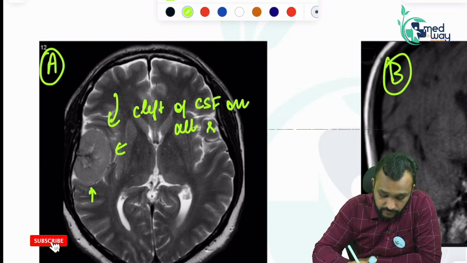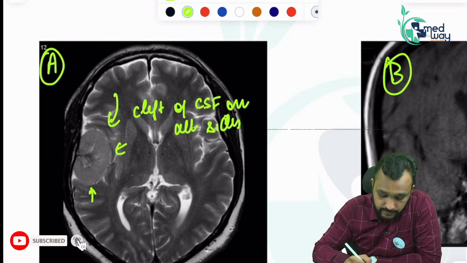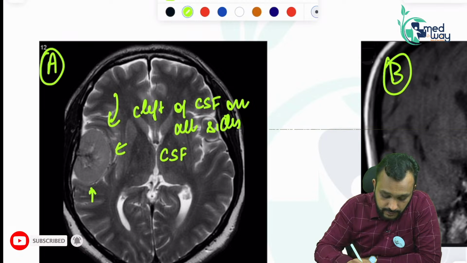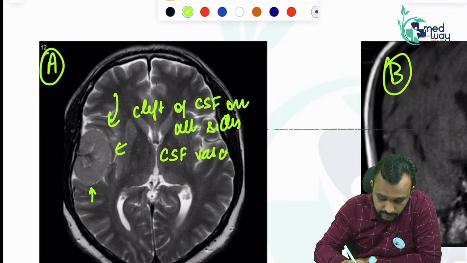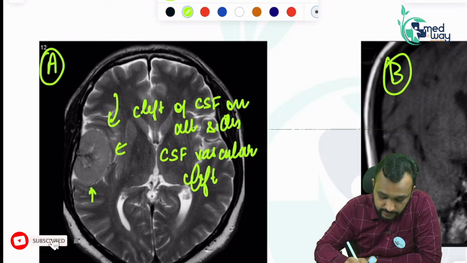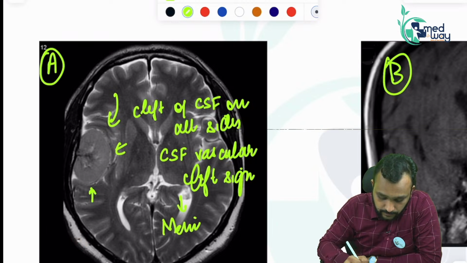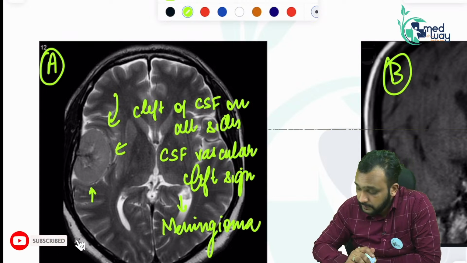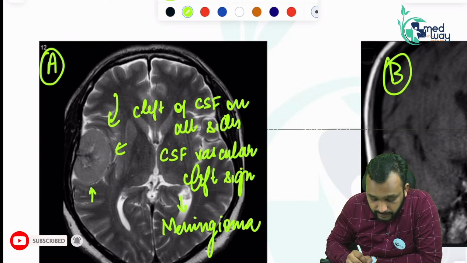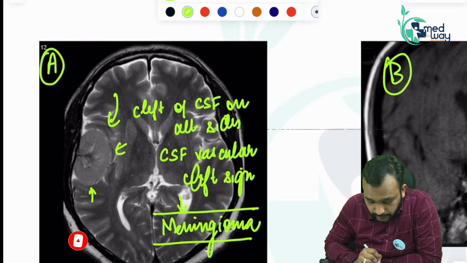This is known as the CSF vascular cleft sign, and this sign is seen in patients with meningioma, right?